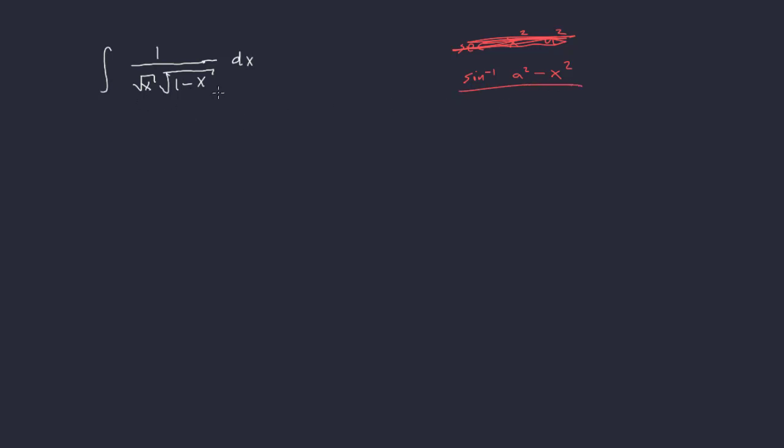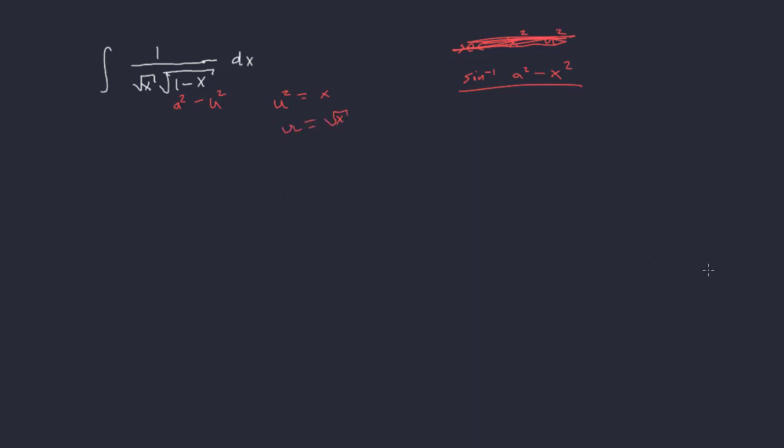But it does not look like an a squared minus x squared, right? Or if I wanted to be a little more careful, it doesn't look like an a squared minus a u squared. It just is 1 minus x. Well, if I say the u squared is x, that means u is going to be the square root of x, right?